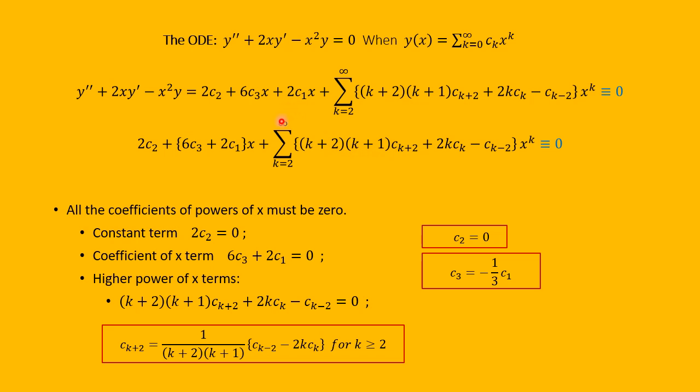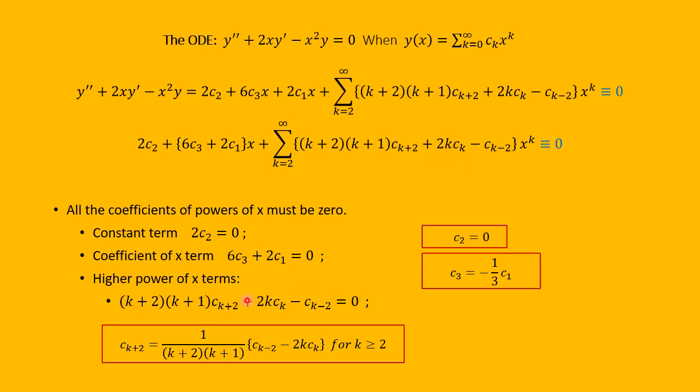So this is just the sum of 0 times x to the k. So that means (k plus 2) times (k plus 1) times c sub k plus 2, plus 2k times c sub k, minus c sub k minus 2 equals 0. That just says that this coefficient right here of x to the k has to equal 0.